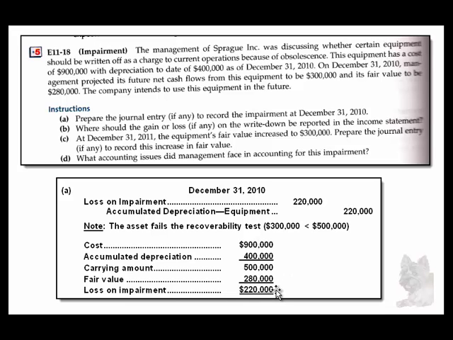So we've got a $220,000 loss. But the projected future cash flows of the equipment was $300,000. So when we compare the $300,000 to the book value, we know that we then need to consider the $220,000 as the loss on impairment. And that takes care of Part A.